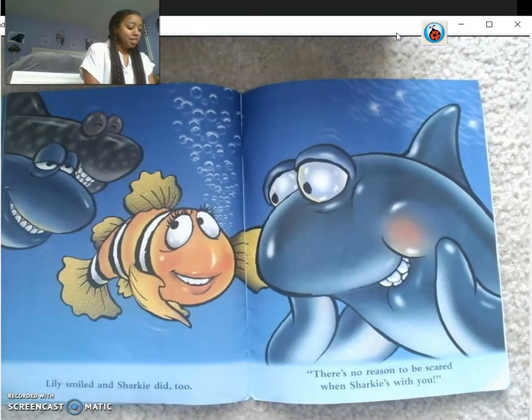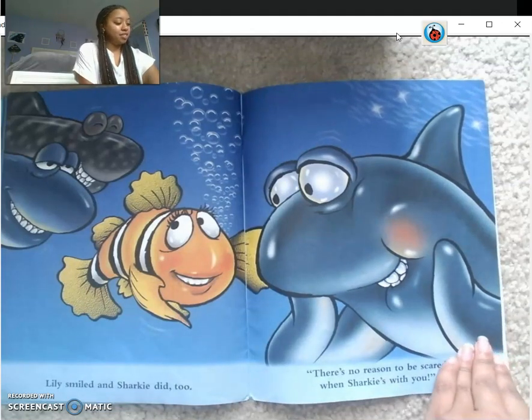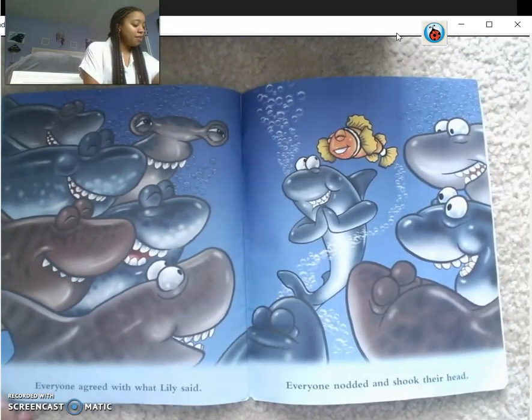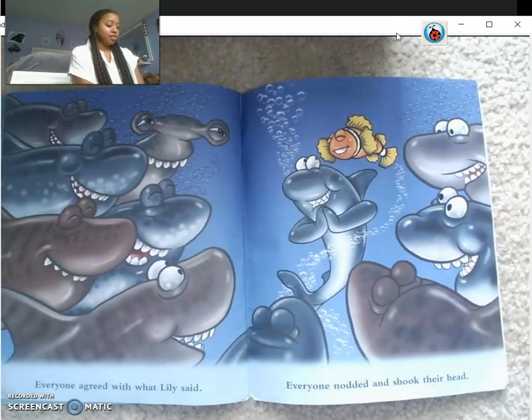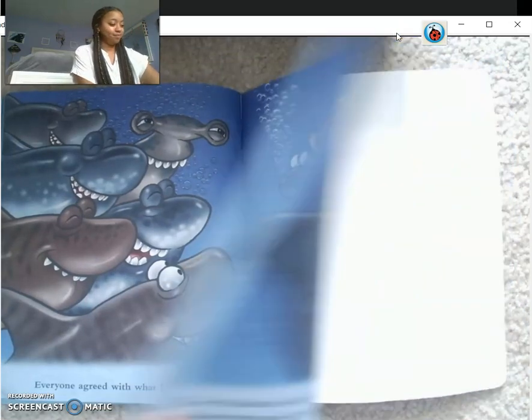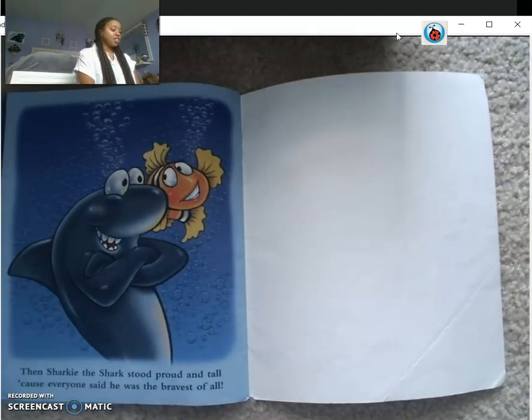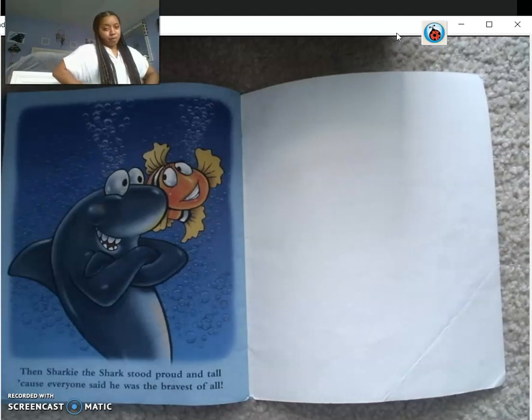Sharky did too. There's no reason to be scared when Sharky's with you. Everyone agreed with what Lily said. Everyone nodded and shook their heads. Then Sharky the shark stood proud and tall, 'cause everyone said he was the bravest of all.